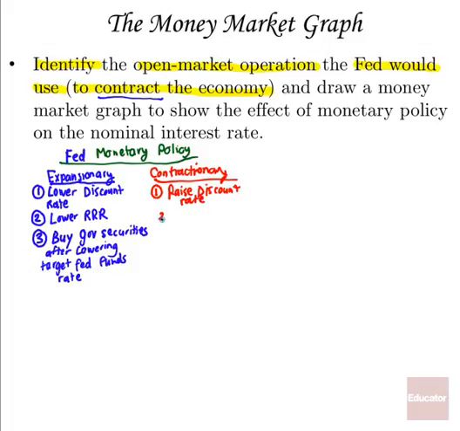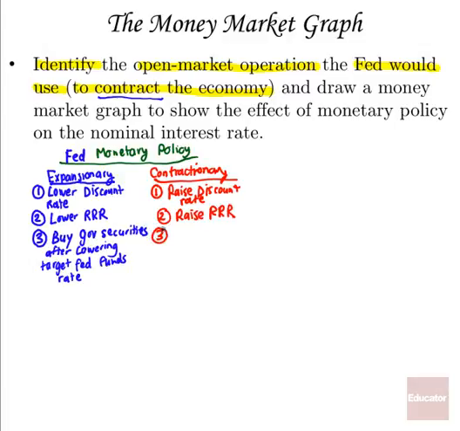They could raise the required reserve ratio, which is the amount of money that banks are required to hold onto in their vaults, basically. So if the required reserve ratio went from 10% to 90%, then instead of banks being able to lend out $900 for every $1,000 that they have, they'd only be able to lend out $100. And so there'd be a contracting of the money supply.